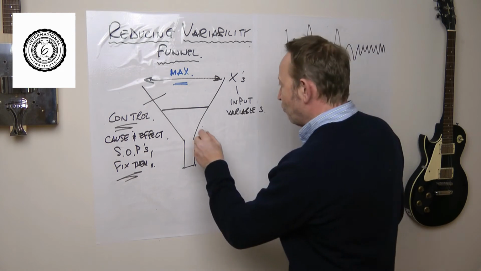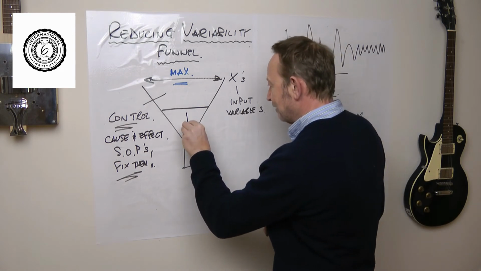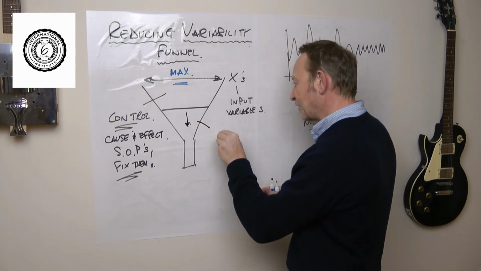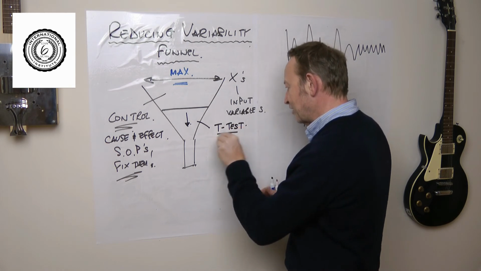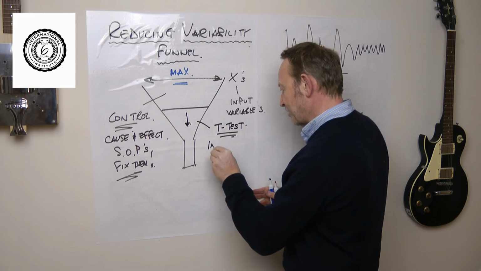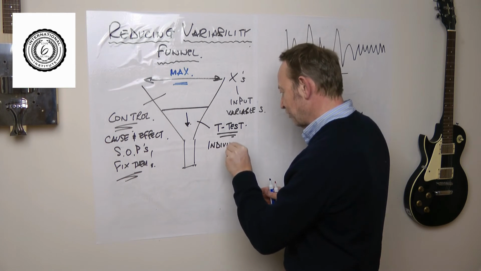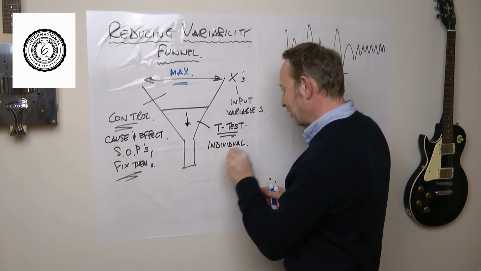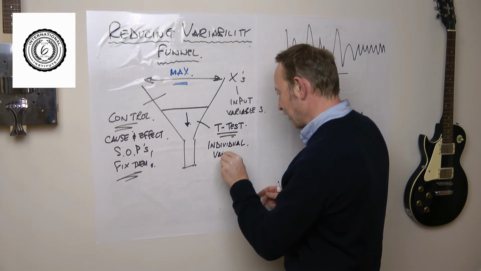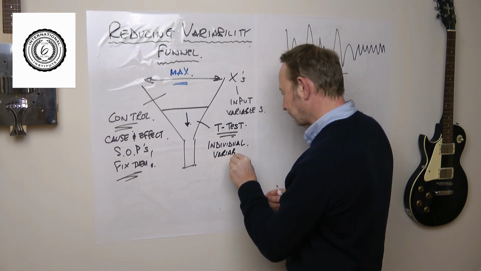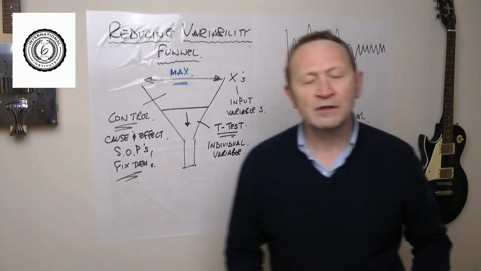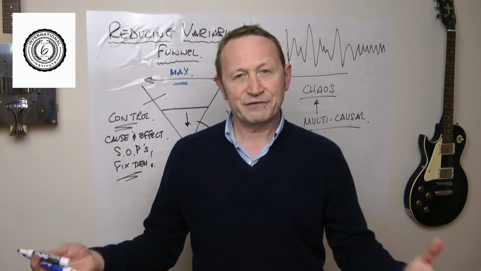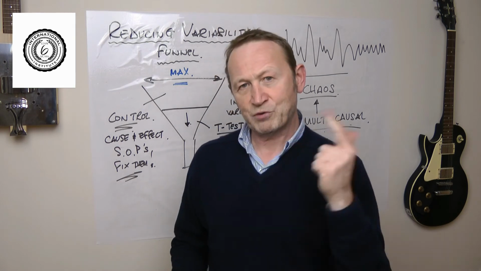And then when you get down to this area, they talk about the fact that you could use a t-test. And what a t-test does is it tells you the effect of every individual variable. So in other words, I have 3 variables: time, temperature, pressure.